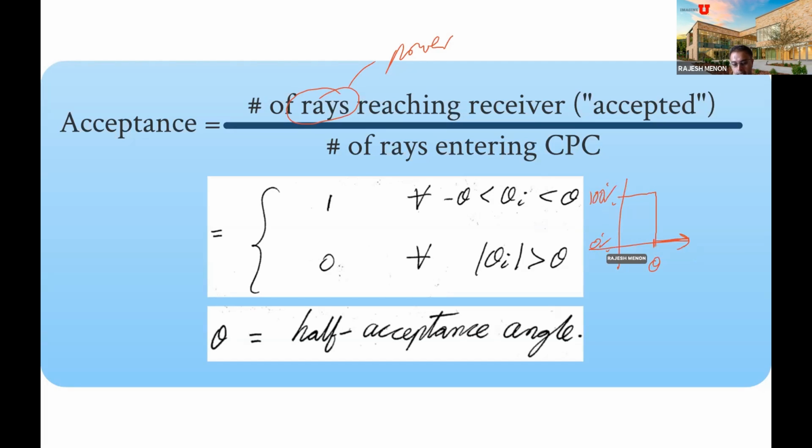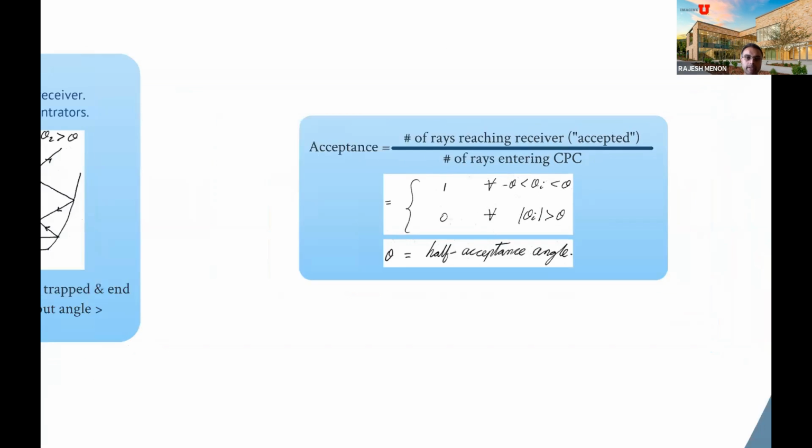So in other words, all the angles less than the designed acceptance angle are 100% accepted. Anything beyond that, nothing is accepted. Now, in reality, of course, it's never perfect like that, as we will see later on.